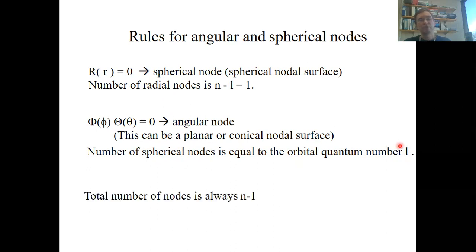And then the total number of nodes is always n minus 1. Okay, so that means when n is equal to 4, for instance, we know that this orbital must have 3 nodes, and these nodes will either be spherical or angular, depending on what the quantum number L is.